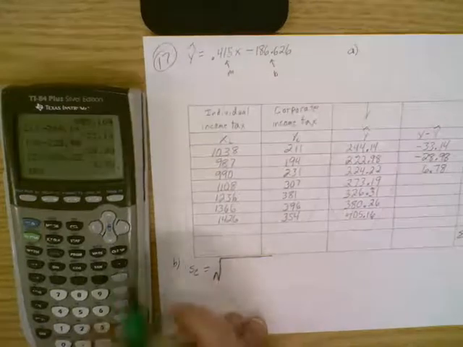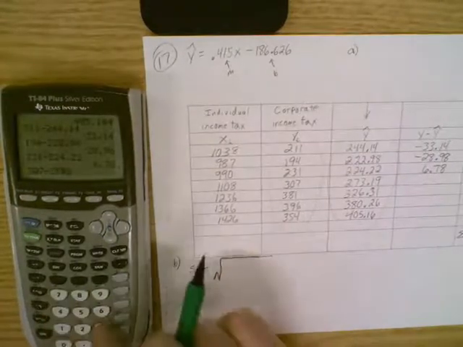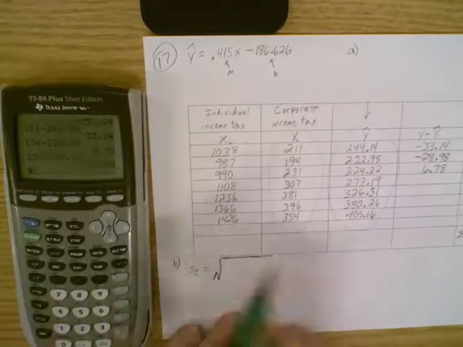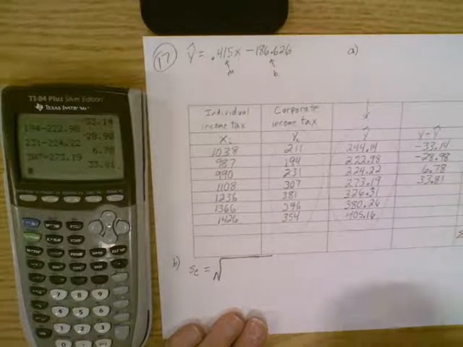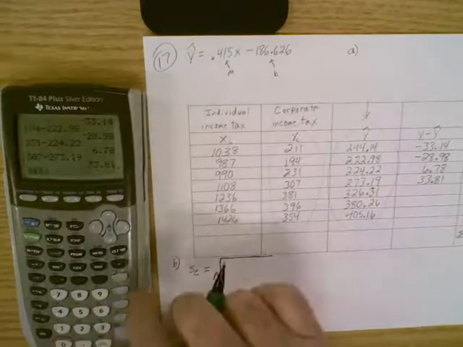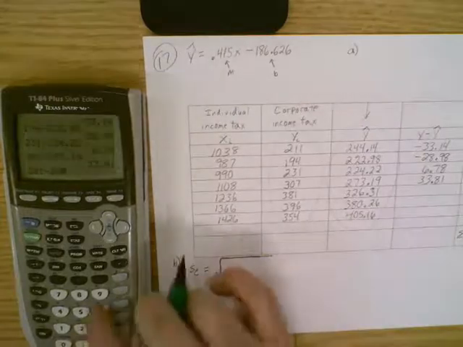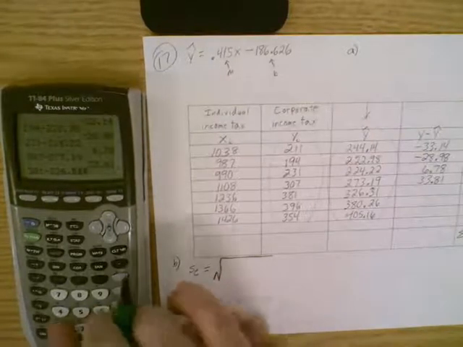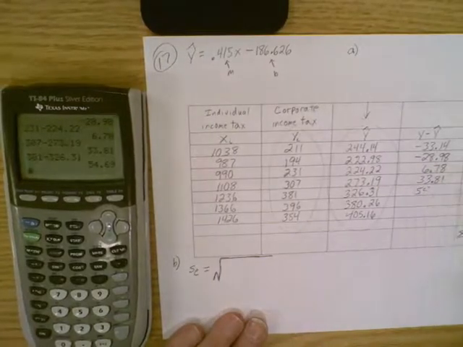307 minus 273.19, 33.81. 381 minus 326.31, get 54.69.